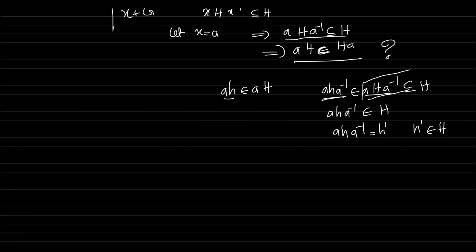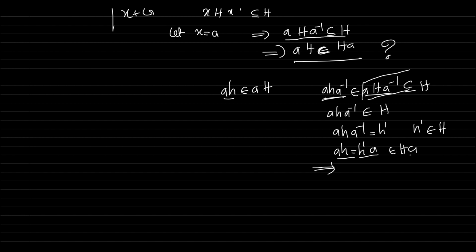Now operate this equation by a from the right side, then we will get ah is equal to h dash a. Then this implies that here h dash a is in Ha, and h dash a is equal to ah.